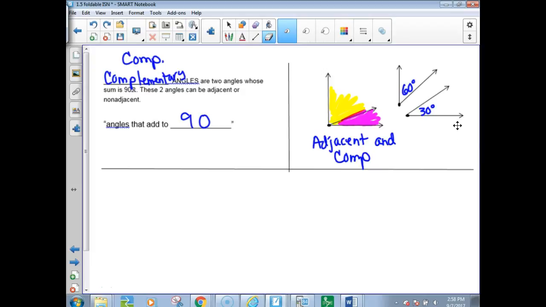I'll write it over again. Non-adjacent and complementary. They do not have to be connected.